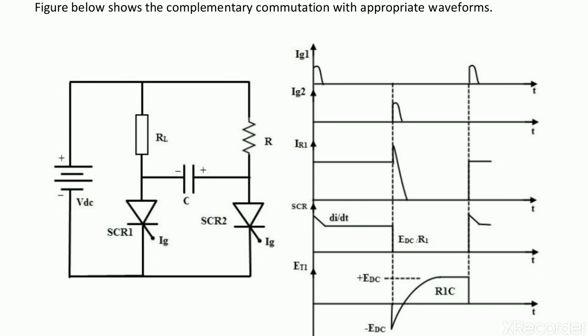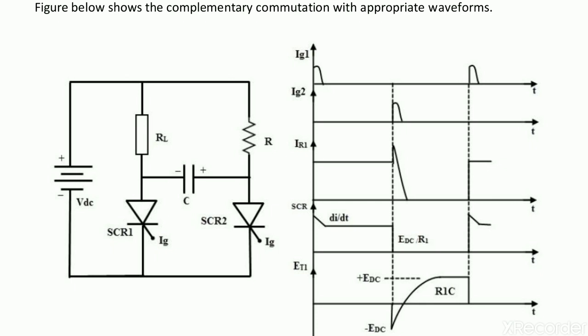As we supply the DC to the circuit and we trigger the SCR1 first, the current will flow from VDC, or we can take it as E, then load resistance RL, then SCR1, and again to the VDC.